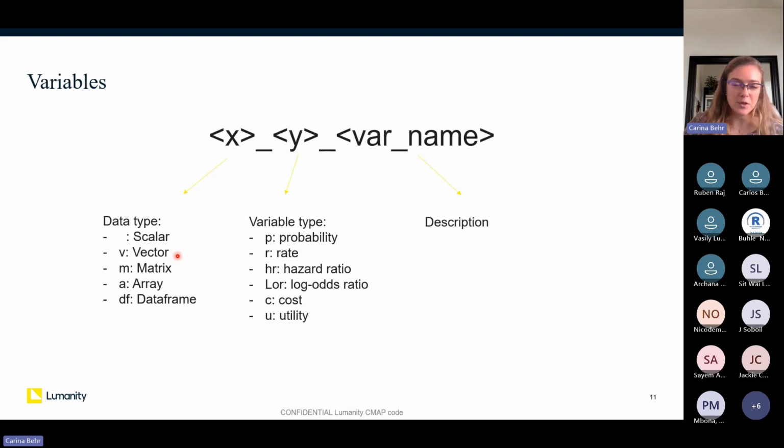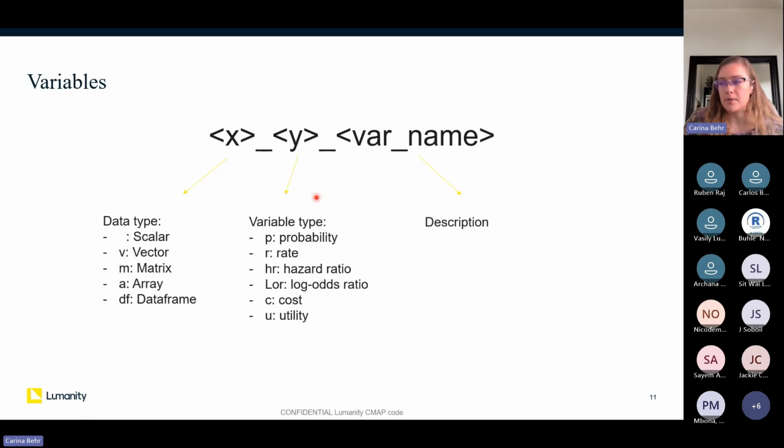There can be a vector, so just one short list of things. You can have a matrix, quite often a 2D matrix with columns and rows. You can have an array, and you can have a data frame. These are often 2-dimensional, can also be 3-dimensional.